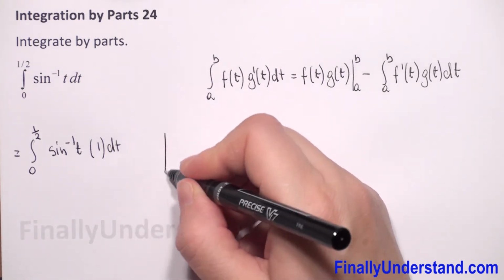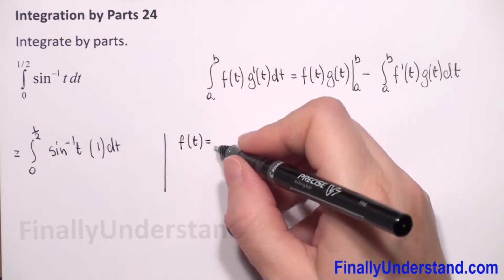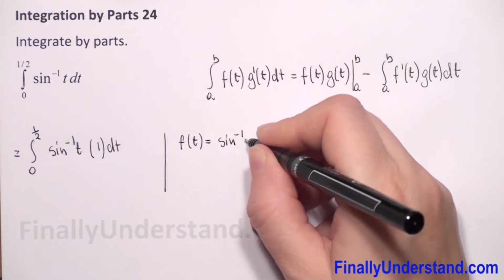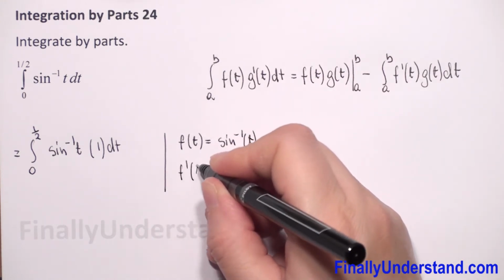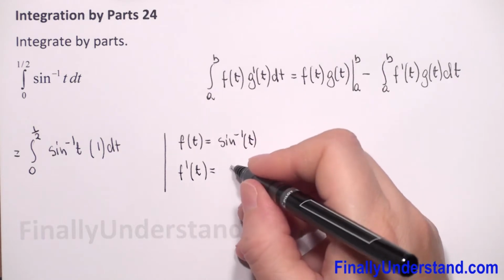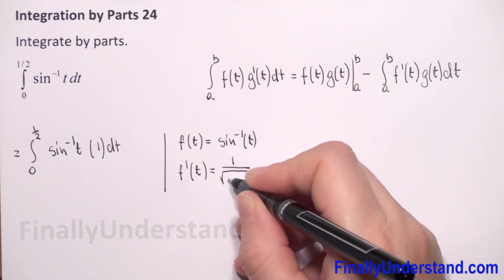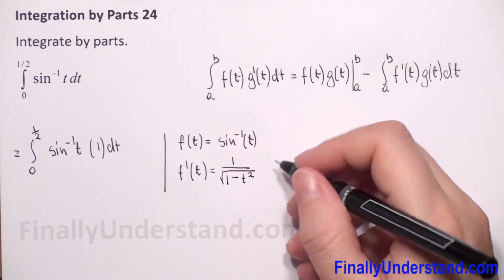Let me put that f of t is equal to inverse sine of t. So f prime of t is equal to 1 over square root of 1 minus t square.